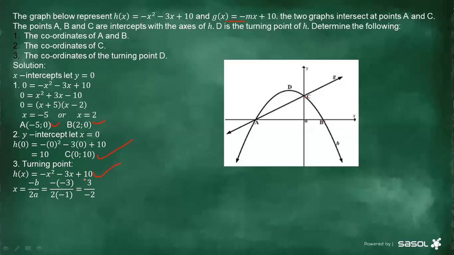You can see the value of x of the turning point is negative 3 over 2. Then to get the corresponding y value, you substitute that into the original equation, and from there you get the answer, which is 49 over 4. So the coordinates of D are (negative 3 over 2, 49 over 4). So that's how you should determine the coordinates of the turning point.